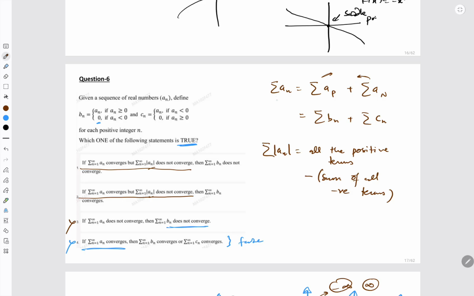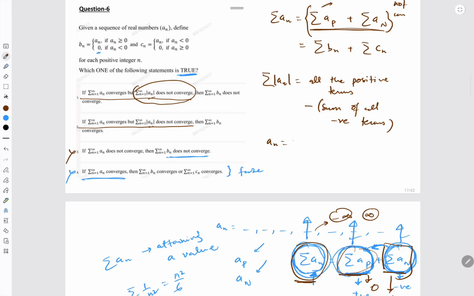This effect is resulting in a finite value, which is the meaning of convergence. But if I take all the negative terms and remove their negative sign, making them positive, then this is not converging.